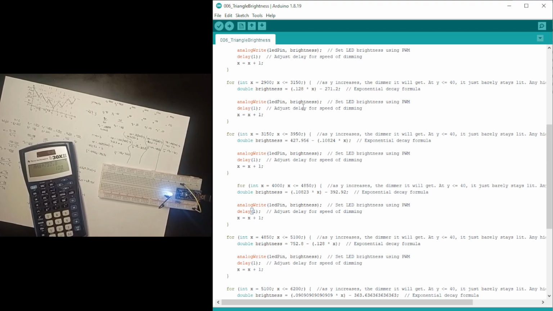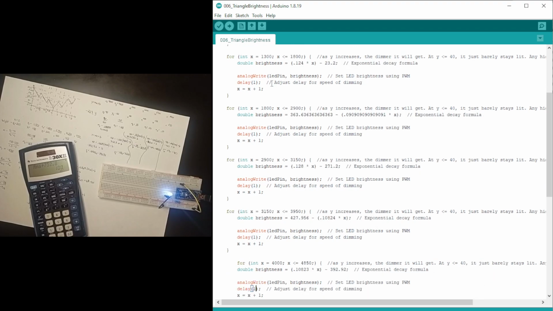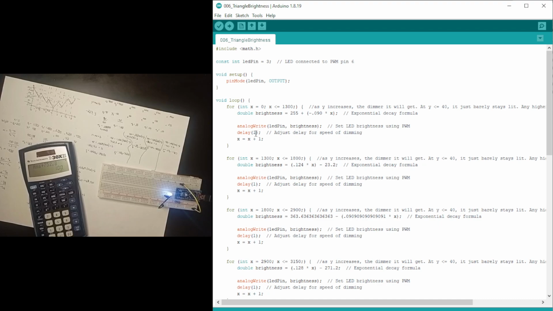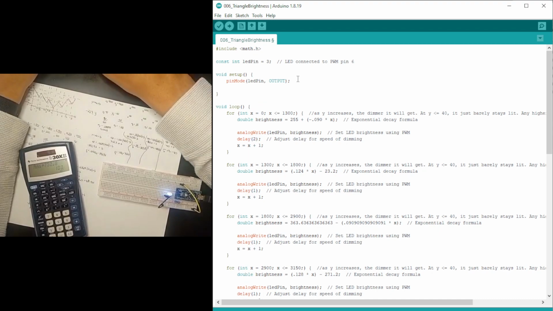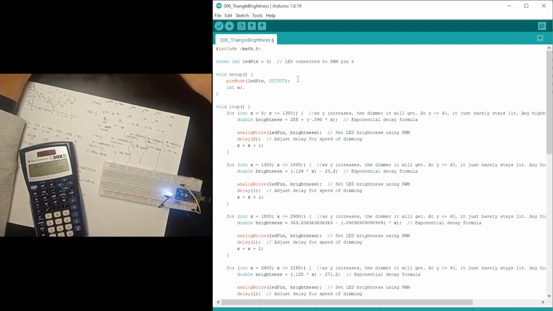But there's that weird step. Where would it be? Honestly, I think it's just a matter that it goes by a bit quick. Let's double all of the delays. You know what? Pin mode int a.